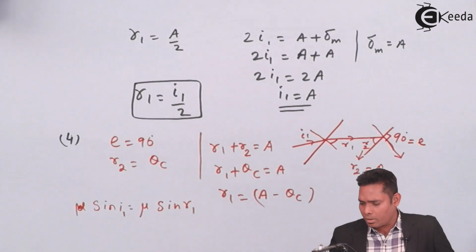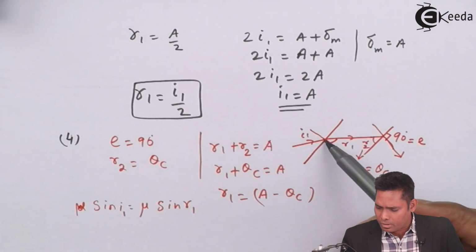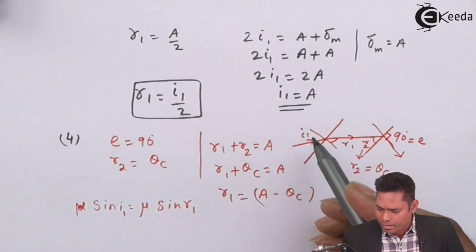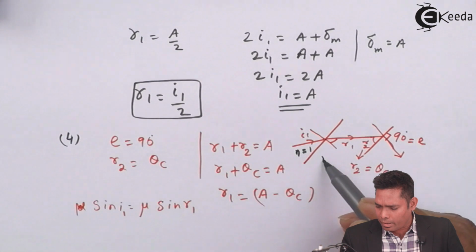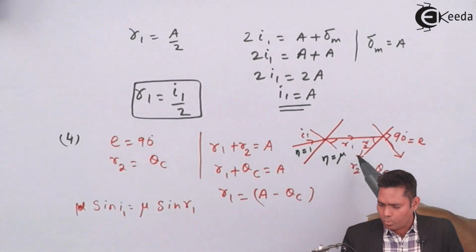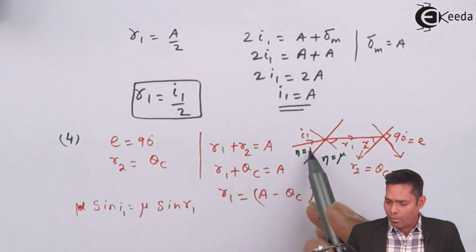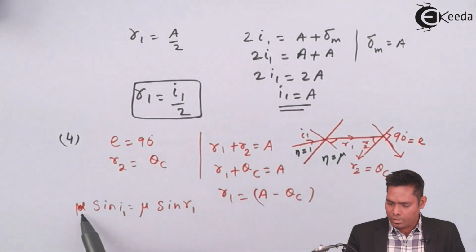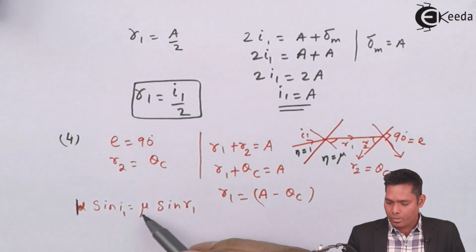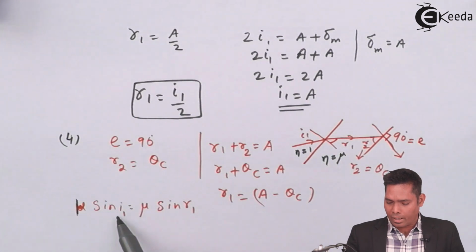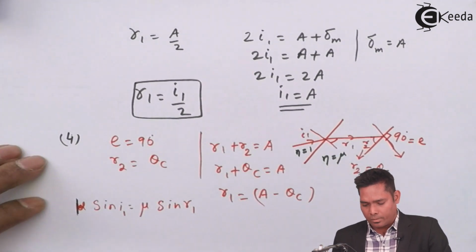I'm applying Snell's law to this surface. The ray is moving from air, so n equals 1, to a medium with refractive index mu. So I'll write 1 into sine of this angle is mu of sine of this angle. So that is sine I1 is mu sine R1.